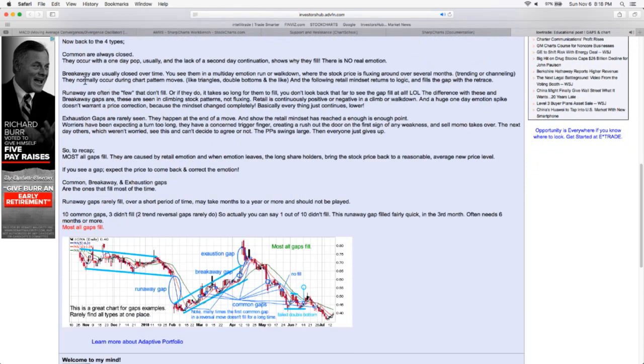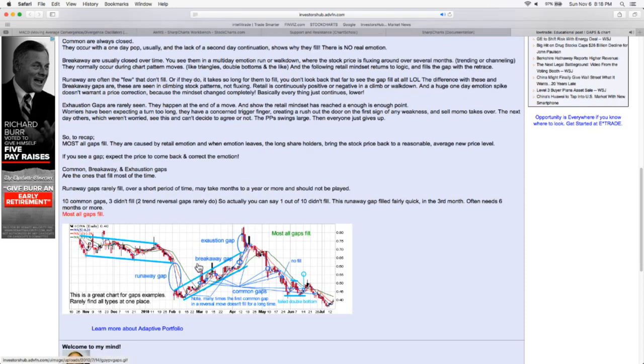Breakaway gaps, those are the ones that are usually closed over time. You can see down here on this chart, the breakaway gap kind of just happens during a run. And eventually after a month, it depends, trending, channeling, it'll drop down and fill.